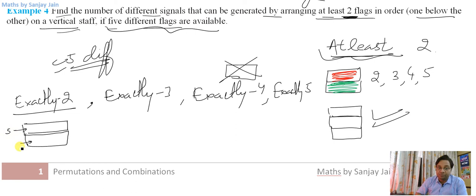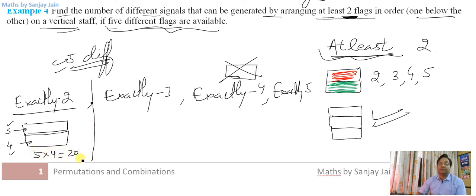The second position can be filled in 4 ways, because once you have filled one of the flags, one of the flags you have already posted here, so for the flag just below it, there are only 4 options available because you have used one of the flags. So for the first flag you have got 5 options, for the second one only 4 options.